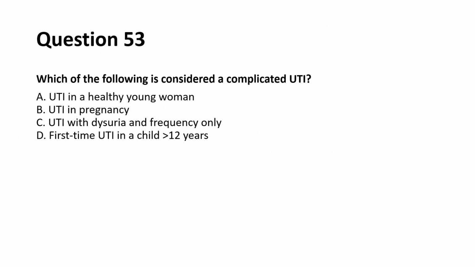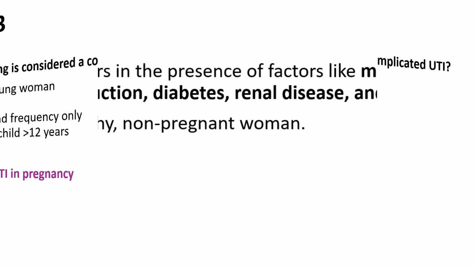Which of the following is considered a complicated UTI? UTI in a healthy young woman, UTI in pregnancy, UTI with dysuria and frequency only, first time UTI in a child greater than 12 years. The correct option is UTI in pregnancy.